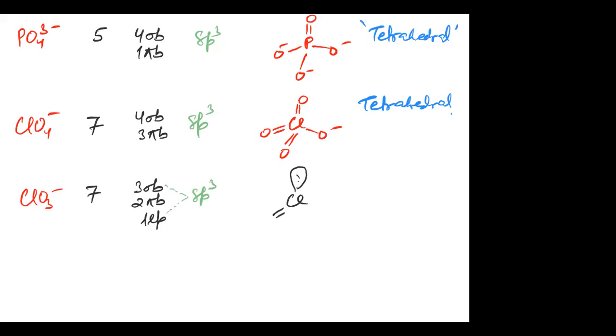It is a double bond O, a double bond O and O minus. This geometry is very similar to that of ammonia, and it is trigonal pyramidal. If you see more examples related to this, apart from ClO3 minus, another is ClO2 minus.